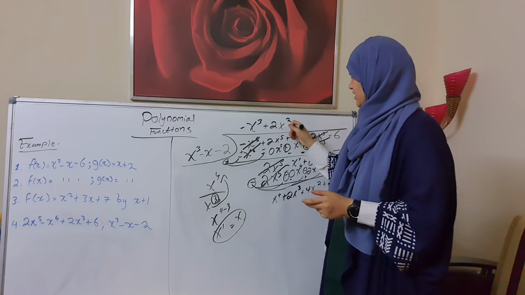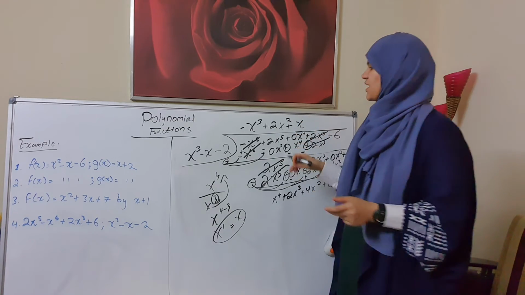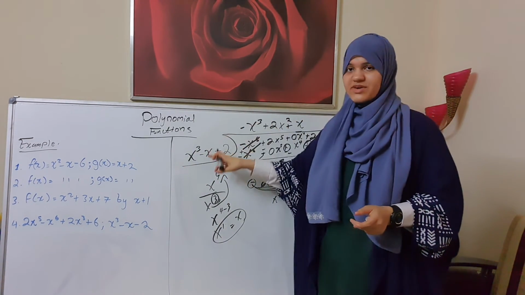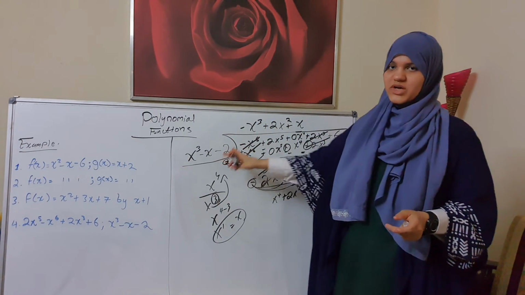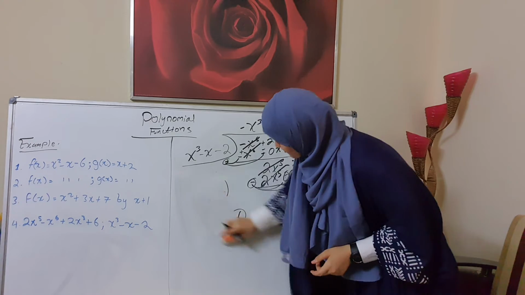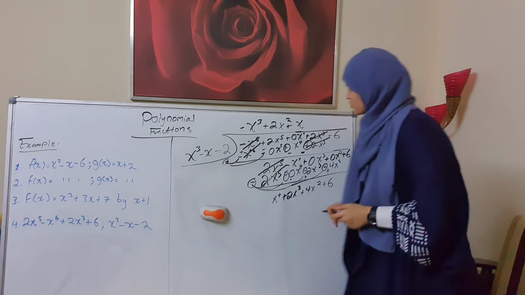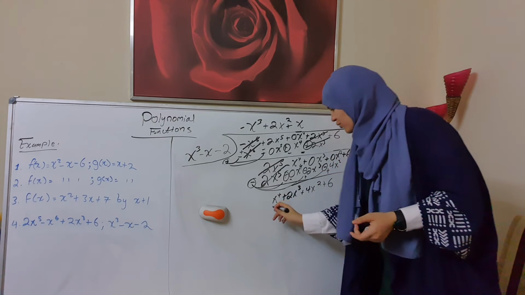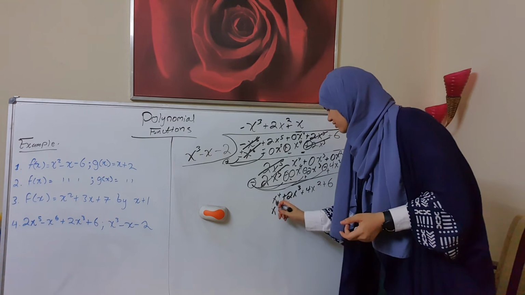Now, here it will be plus x. Now this x will be multiplied by x to the power of 3, by negative x, and by negative 2, right? So let's do it together here. x times x cubed is equal to what? X to the power of 4. So we have x to the power of 4.